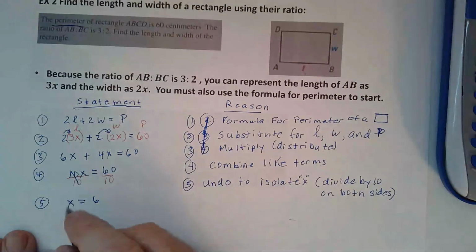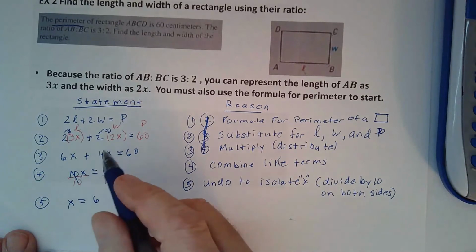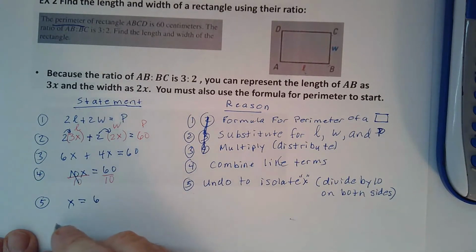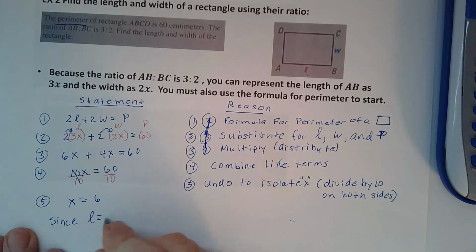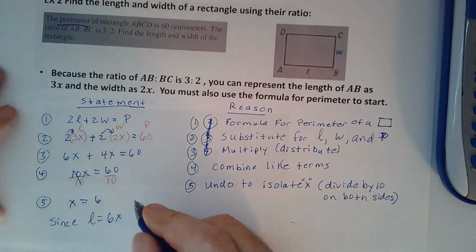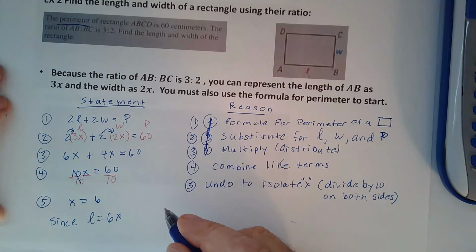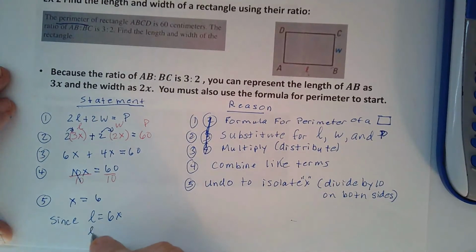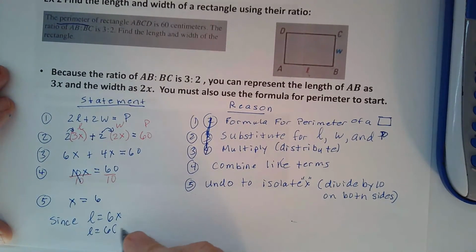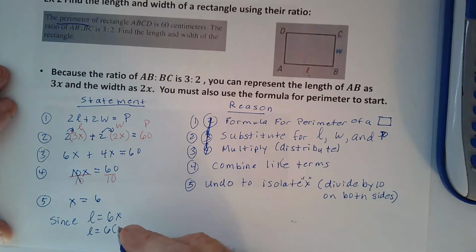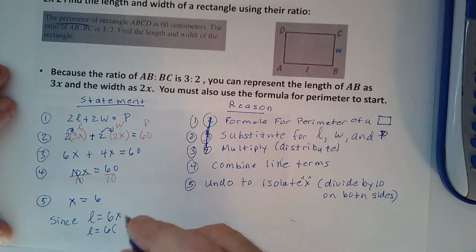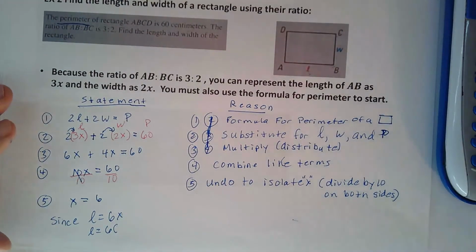So the length, again, is 6x. So since length equals 6x, all right, length equals 6 times, oops, I did that wrong. Since length equals, yeah, length does equal 6x.